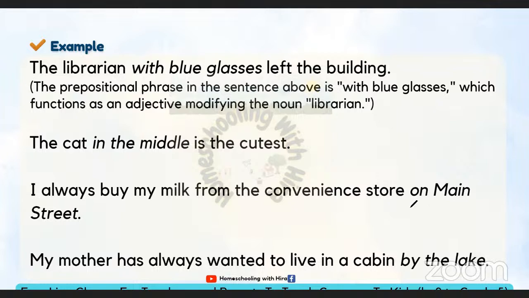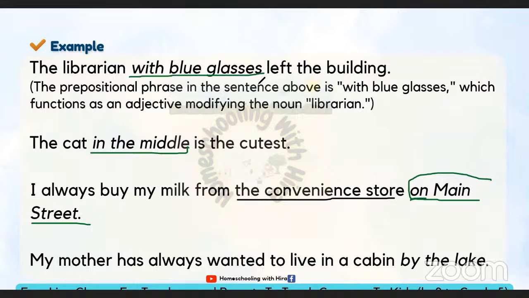On is a preposition, on Main Street. Now, this is a prepositional phrase, and this is giving you the information about the convenience store. So all these phrases, in the middle, on Main Street, with blue glasses, are giving us information about nouns.